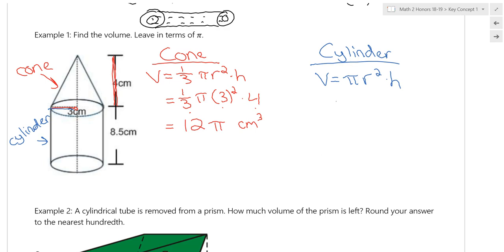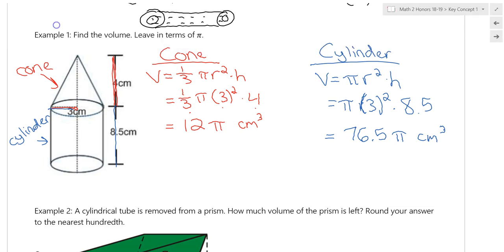So my radius is the same as the cone. It's 3, and my height is this 8.5. And that gives me, I believe, 76.5 pi. Yeah, that sounds about right. And that again is centimeters cubed.